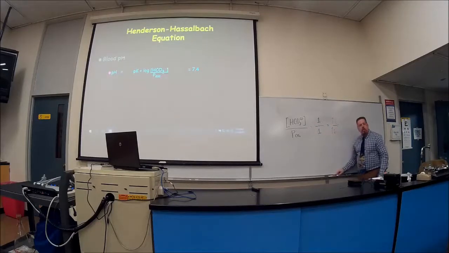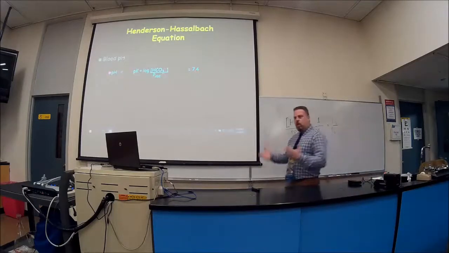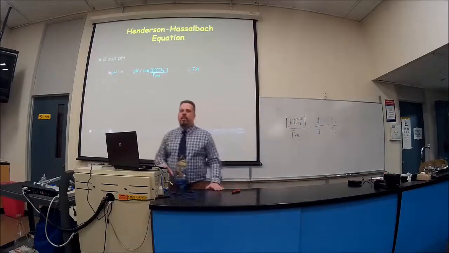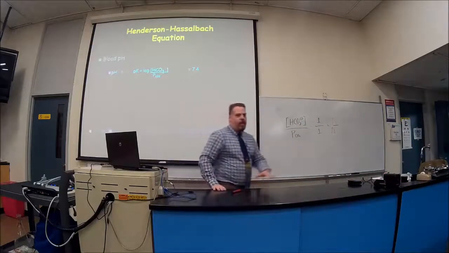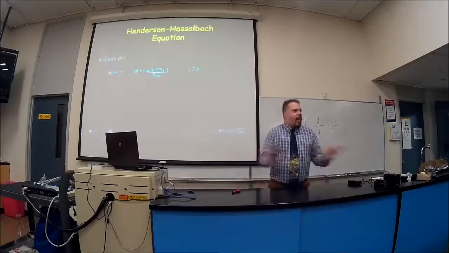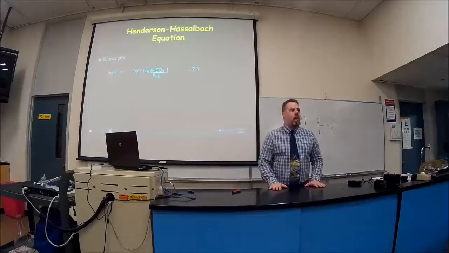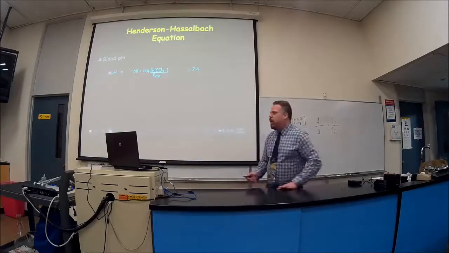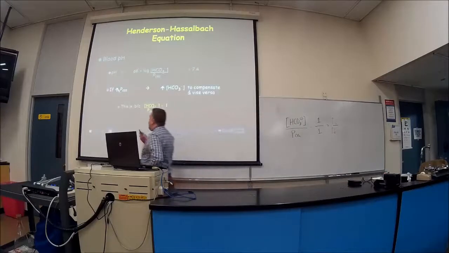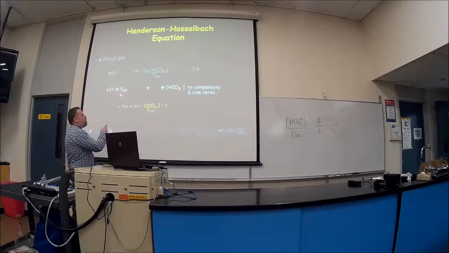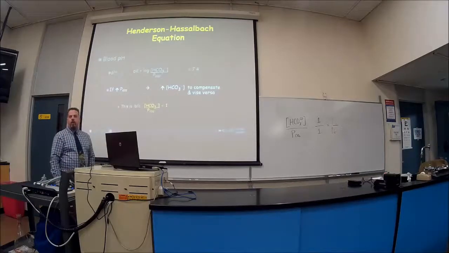But that's what we're going to be talking about throughout the next couple of days, is compensation. You never thought that kidneys and lungs had anything to do with each other until you entered A and P2. But they have a lot to do with each other. Okay? We clear with that? So again, if you increase the CO2, then we have to increase the concentration of bicarb, and vice versa.